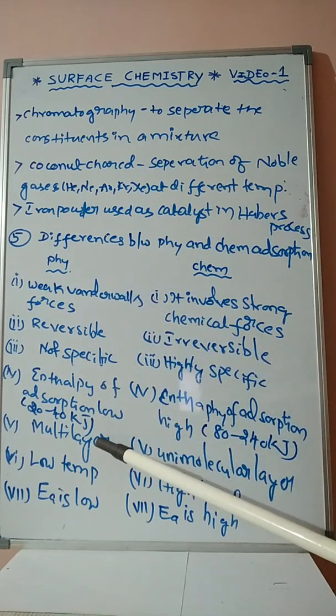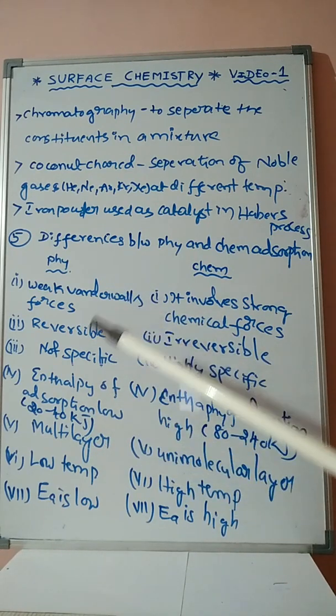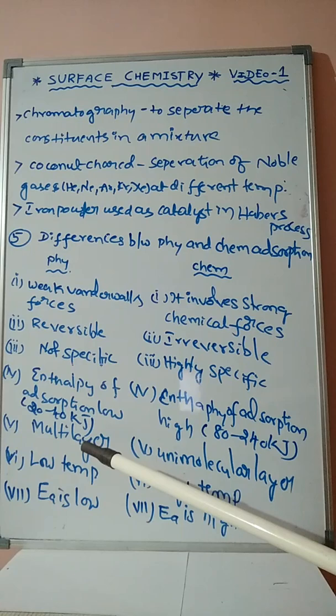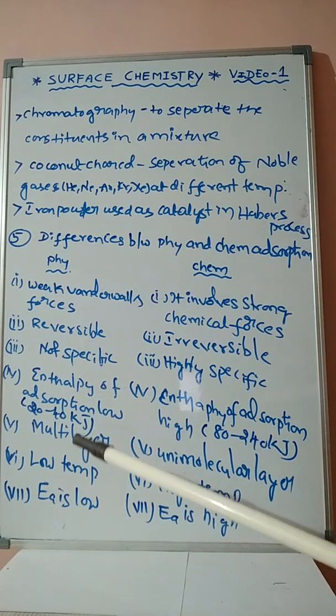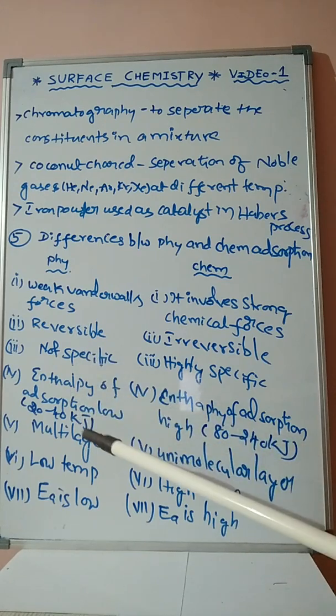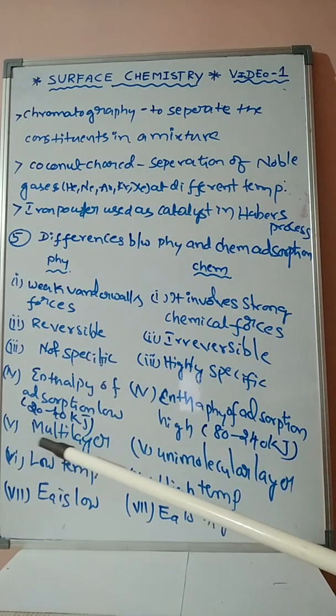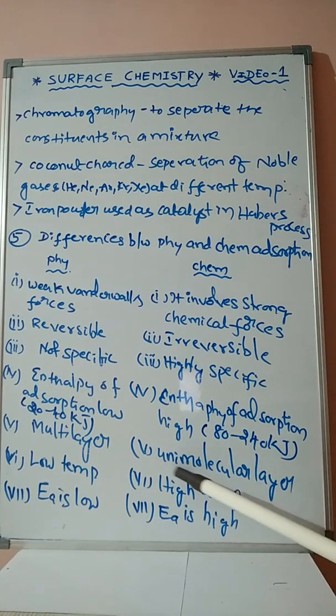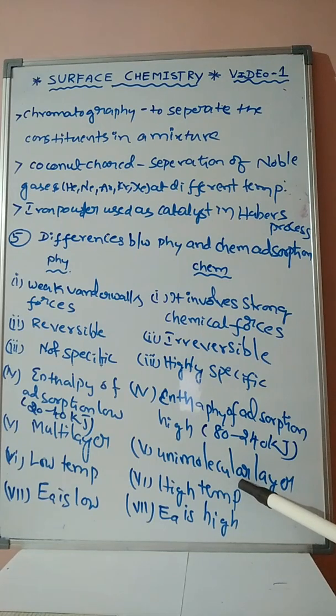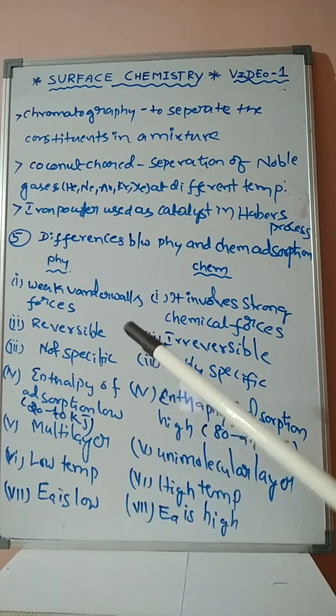On the surface of the adsorbent, adsorbate molecules are adsorbed in one layer, on the first layer another layer is adsorbed, on the second layer another layer is adsorbed. That is known as multilayer adsorption. Whereas chemical adsorption is unimolecular layer adsorption. Only one layer of adsorption takes place.